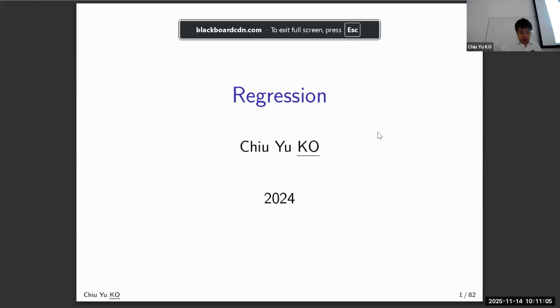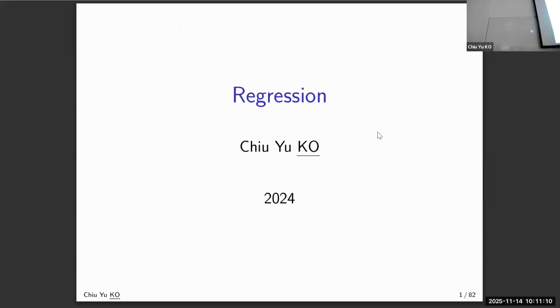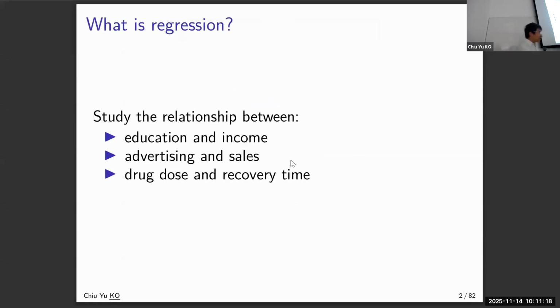So there's still 4 minutes before the break, so it's a good time to introduce the regression, the basics, and then we'll go into detail after the break. So regression, okay? What actually is regression? In the previous case, ANOVA, it's basically simply about the mean.